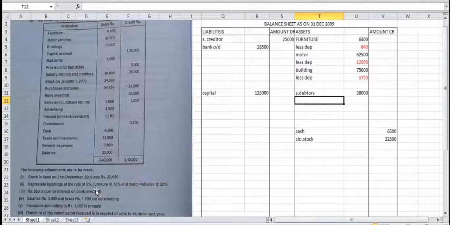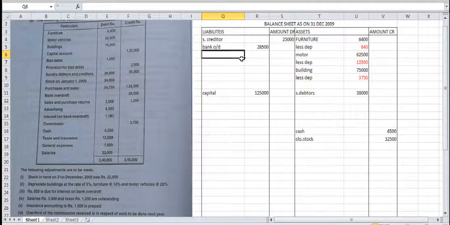Now what we have to do, interest overdue. Interest is due for interest on bank overdraft. Here add interest. Interest due, we have to pay loan plus interest 850. Now salaries outstanding 3,000 and insurance 1,200 are outstanding.